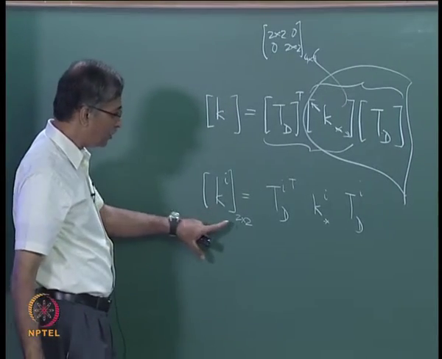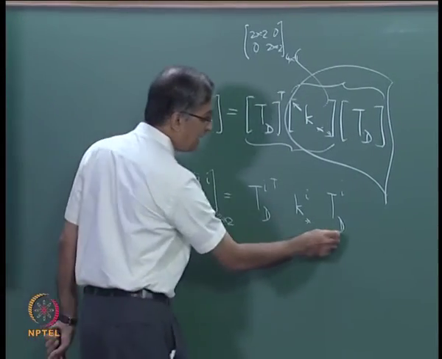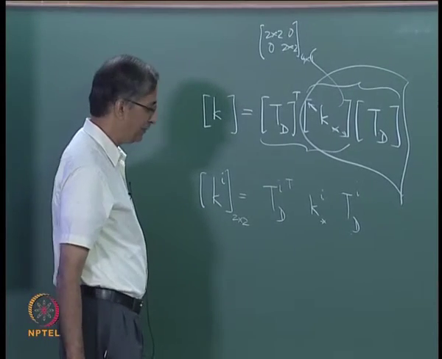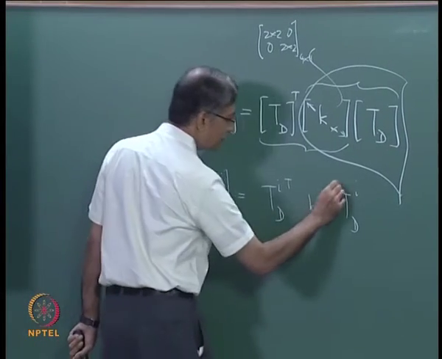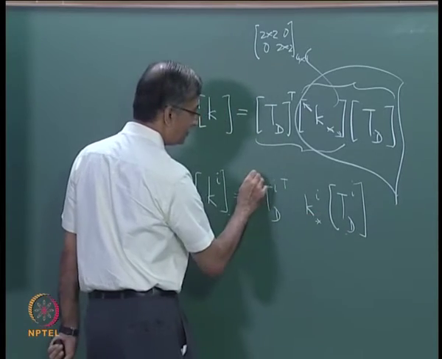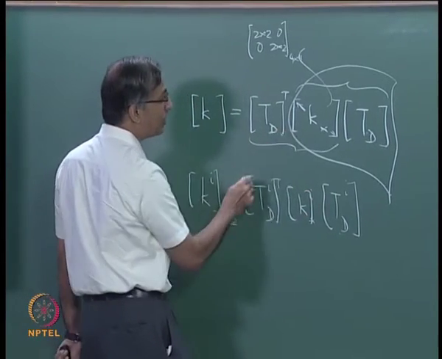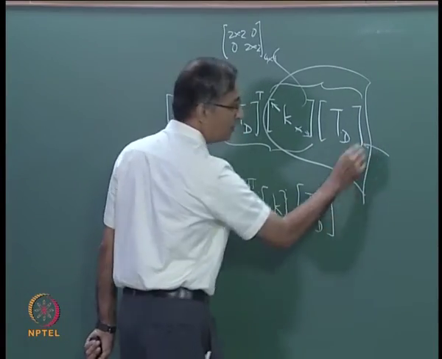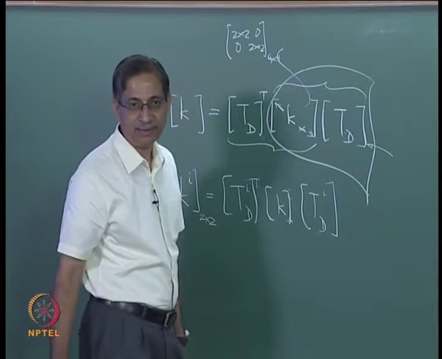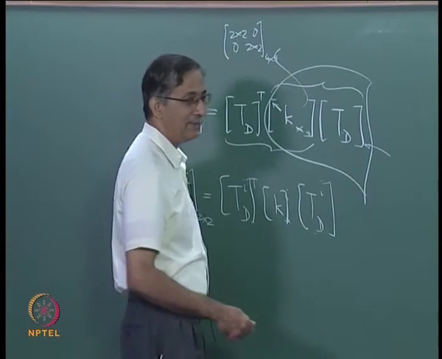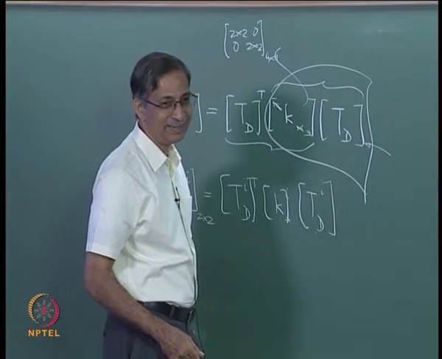So you got 2 by 2 here. What's the size of TDi? 4 by 2. This includes all the elements. What's the size of this? 2 cross 1. TDi is 2 cross 1.